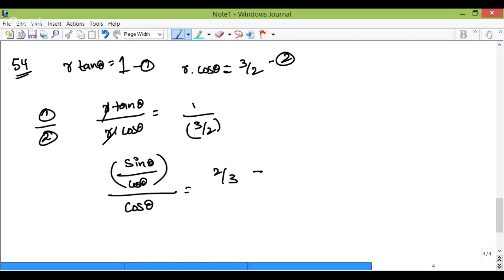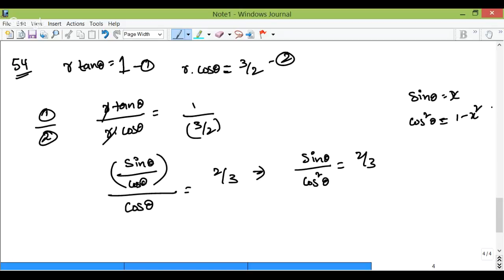Now we can write this as sin theta by cos square theta is equal to 2 by 3. Now assume sin theta is equal to x, then cos square theta will be 1 minus x square.